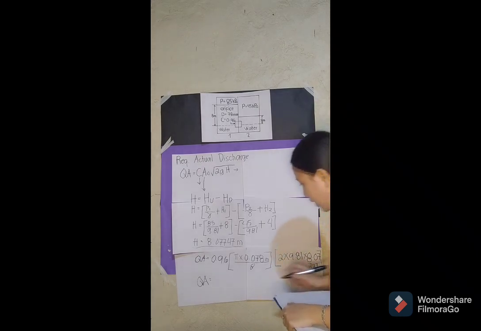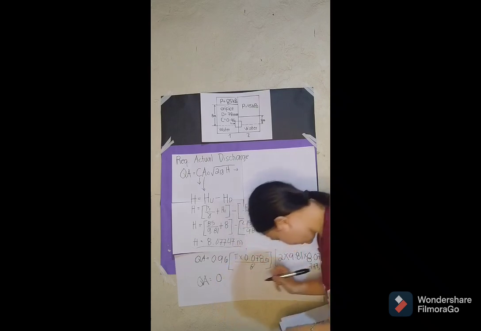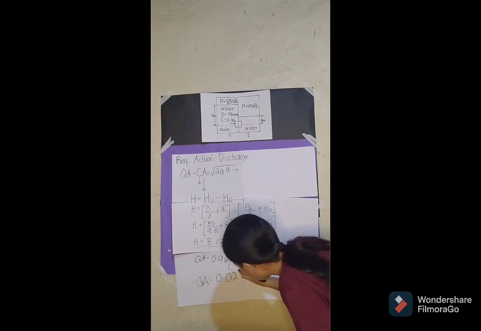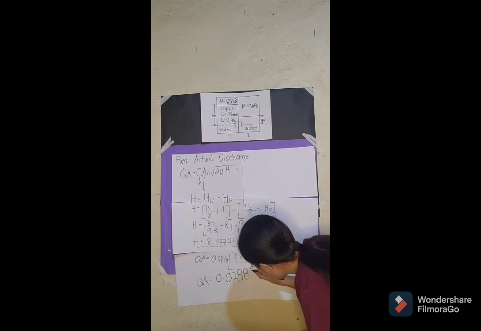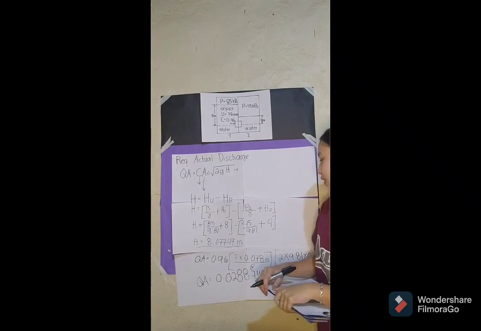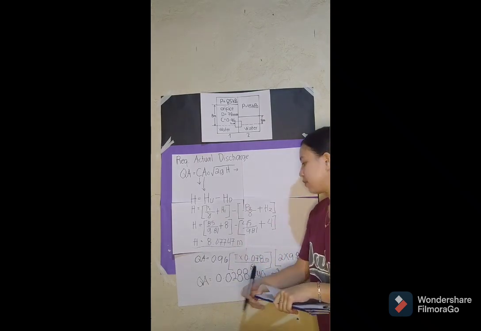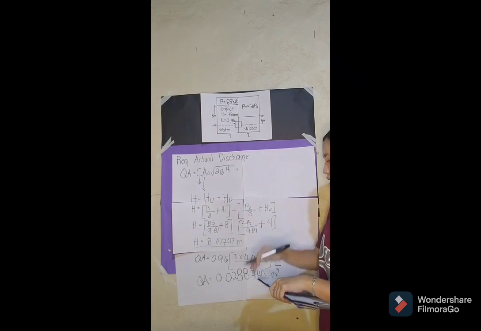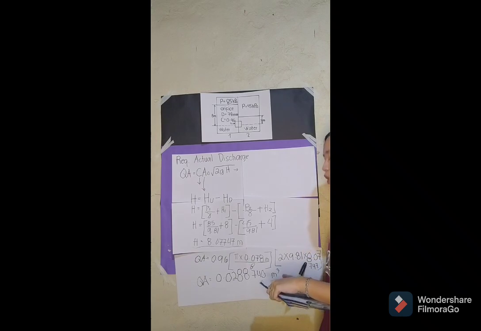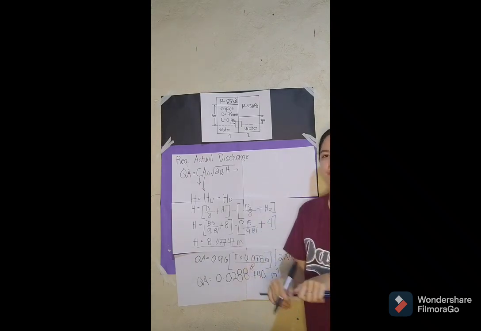So our Q_A is 0.0288740 cubic meter per second. Since we are already done solving, we already have our Q_A, or the actual discharge in our orifice, which is 0.0288740 cubic meter per second.